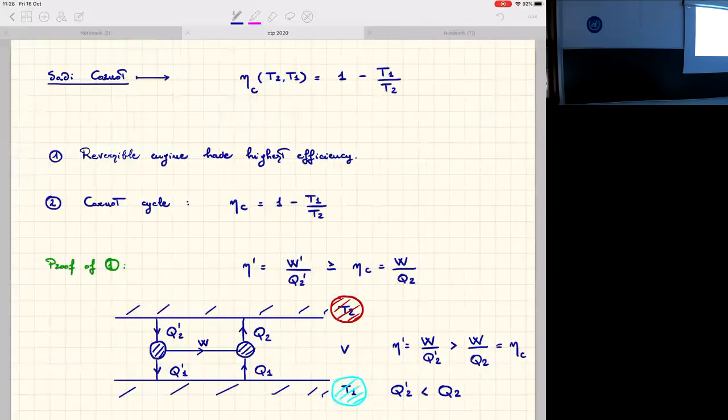It means that overall, by making a chain of these two engines, I constructed an engine whose only effect in this combined cycle is to transfer some heat from a colder reservoir, T1, to a hotter reservoir, because overall the balance of heat exchanged is in favor of the hotter reservoir.